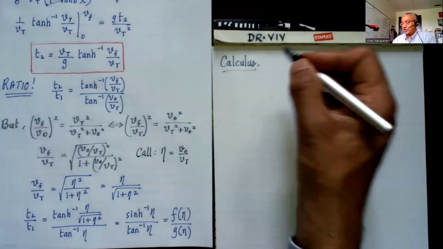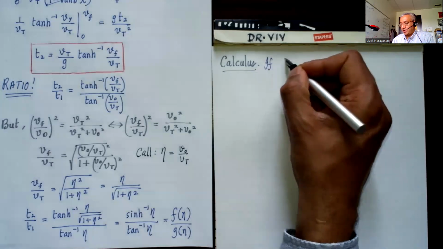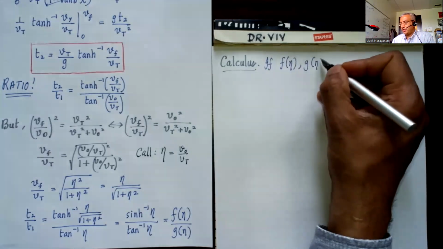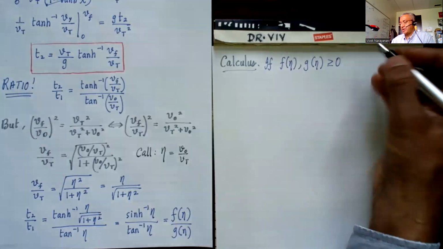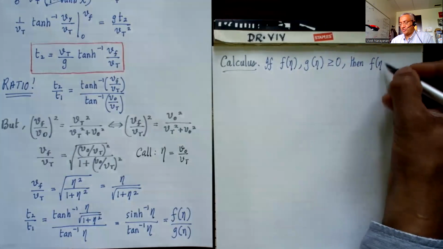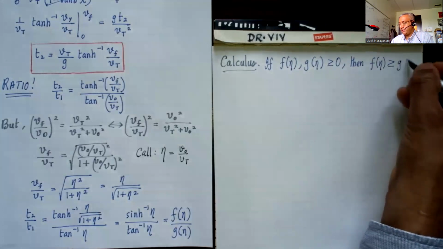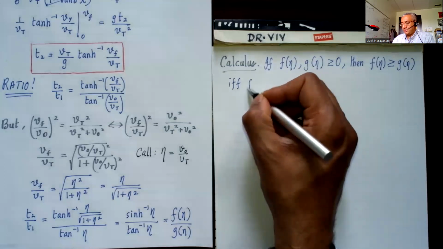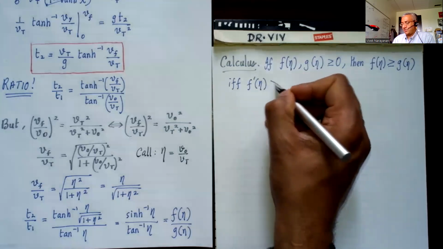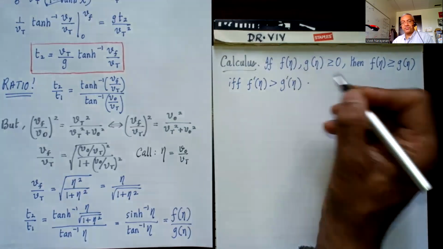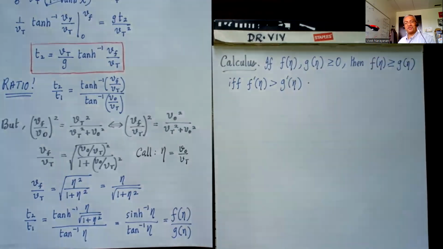So this calculus result can be used. If f of eta and g of eta are both positive functions in their domain, then f of eta is bigger than or equal to g of eta if and only if the derivatives are greater. So this is the monotonically increasing functions have monotonically increasing derivatives.